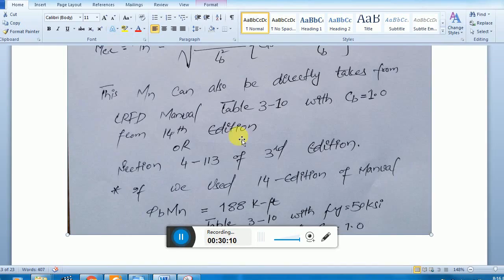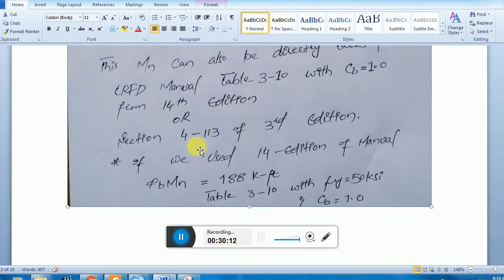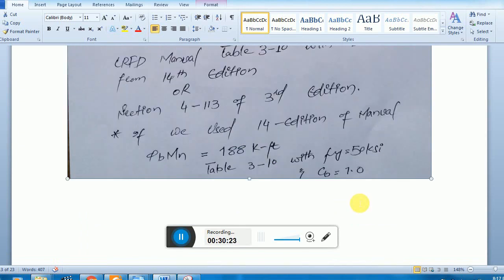Now you see, if we use the 14th edition of the manual, phi Mn is 188 kip-feet from table 3-10 with Fy 50 ksi and Cb equal to 1.0. So table 3-10 is basically in the AISC LRFD manual.